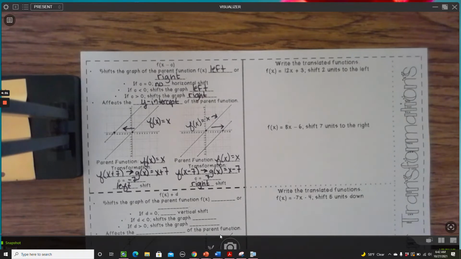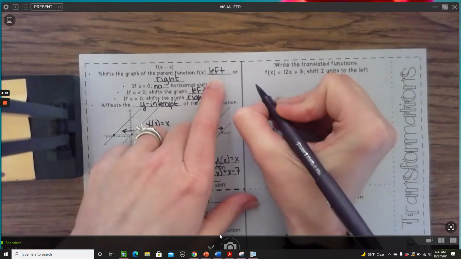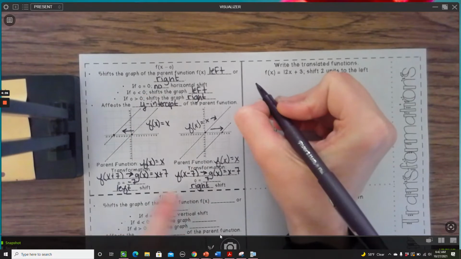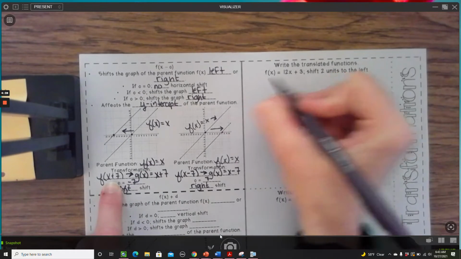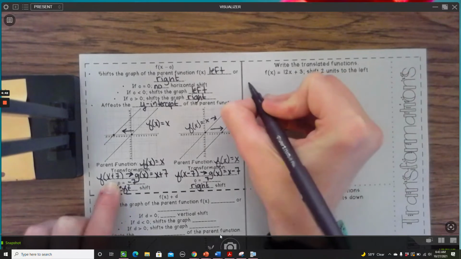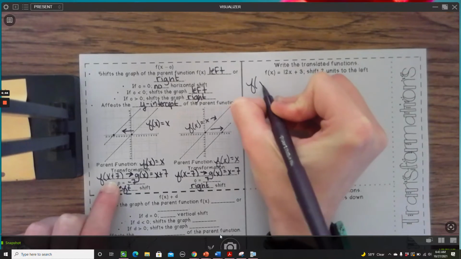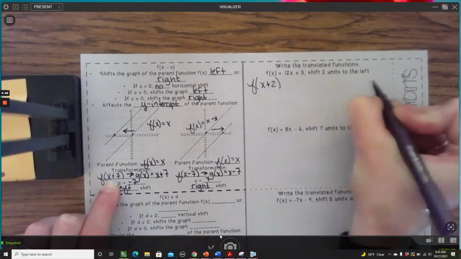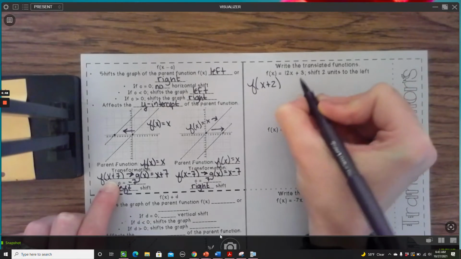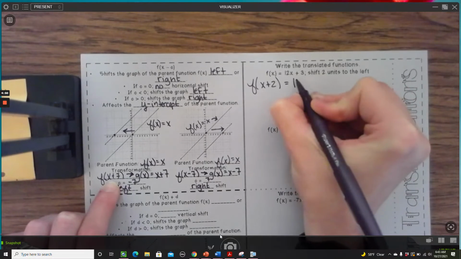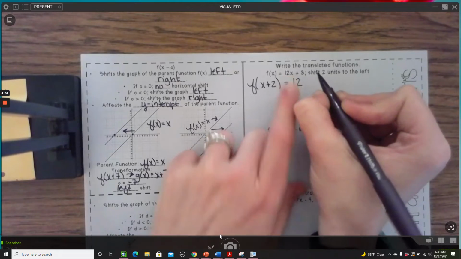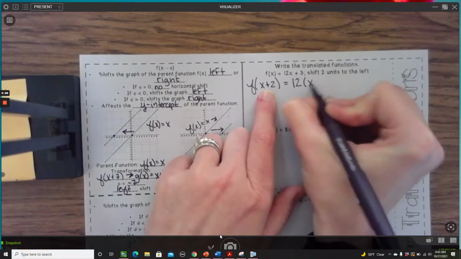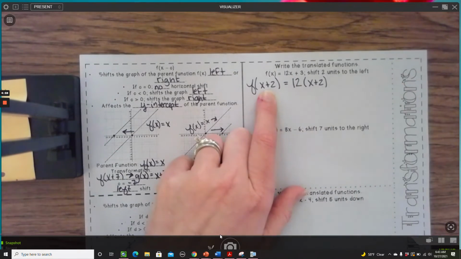So my rule here, to the left, is going to look like this: f of x plus however many I shift. So f of x plus 2, that's a shift to the left, equals 12. I'm going to plug this in for this x. I'm going to swap out that x with my new value here.